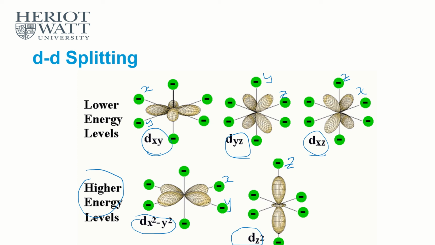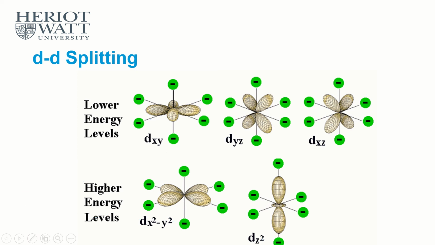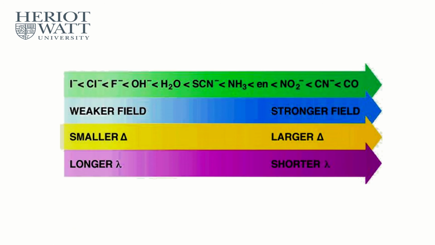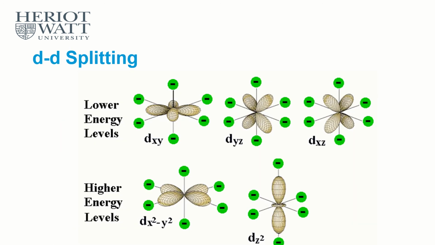Now, look at the diagram again. Let's erase the notation. This little green ball here indicates the ligand, or the lone pair of electrons from the ligands.